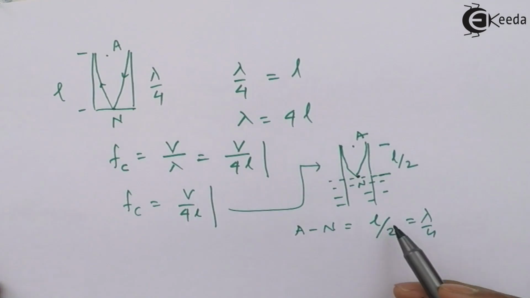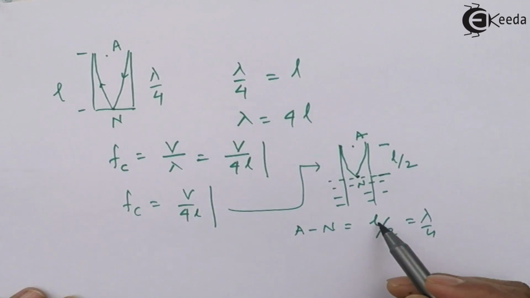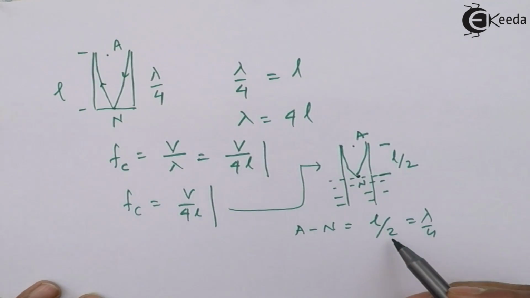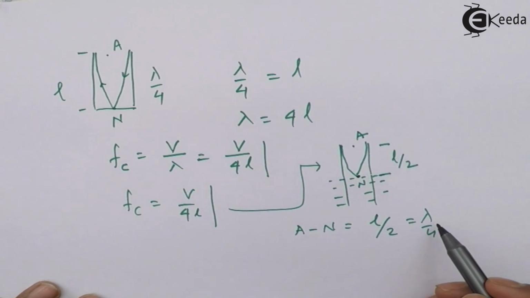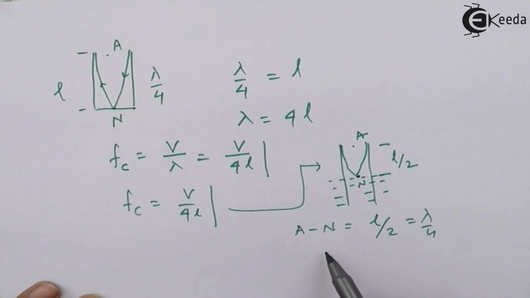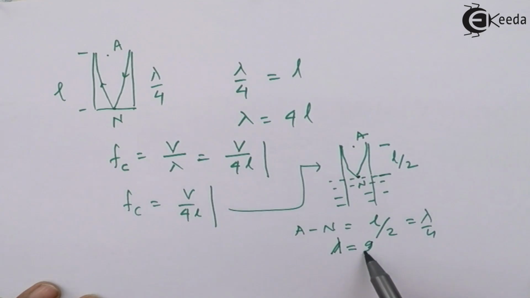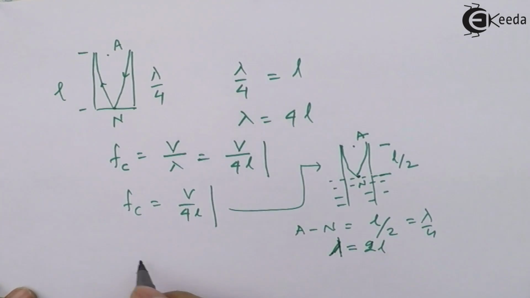So the L by 2 length accommodates lambda by 4. So lambda is 2L. If I want to find the fundamental frequency, it is V by lambda, that is V by 2L.